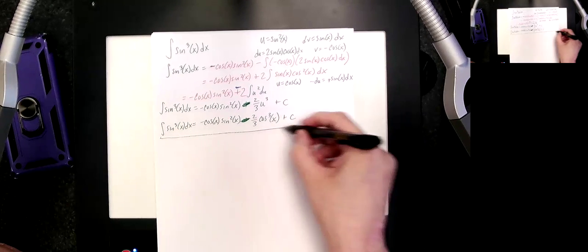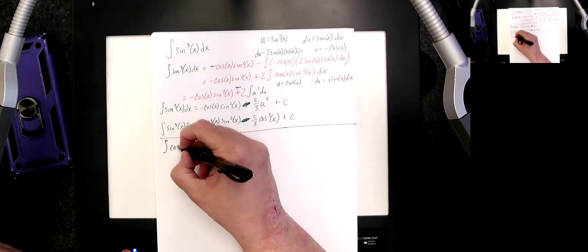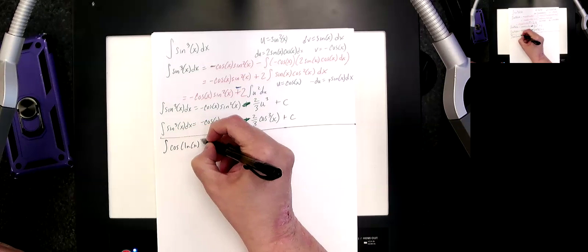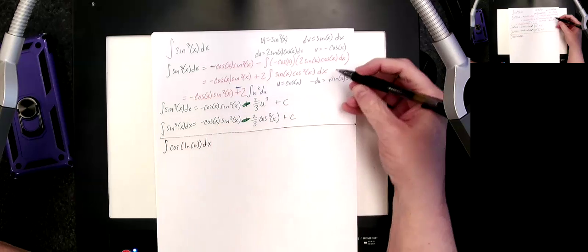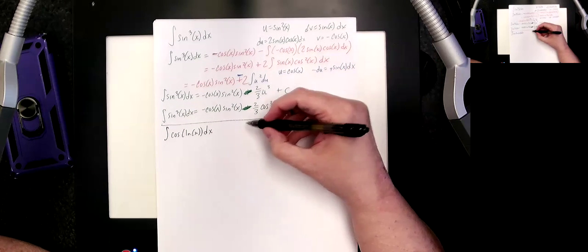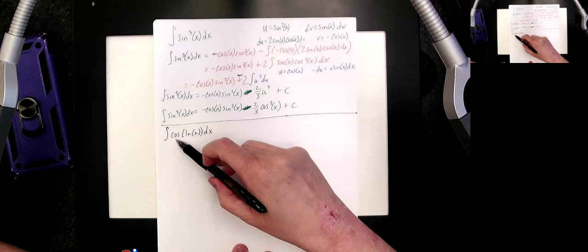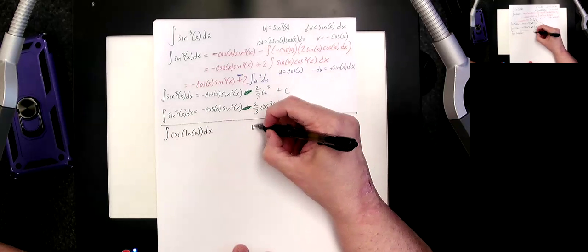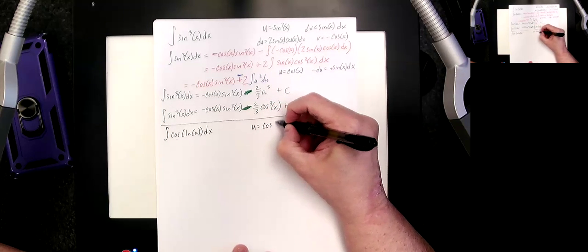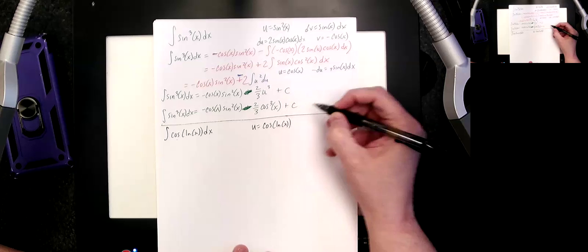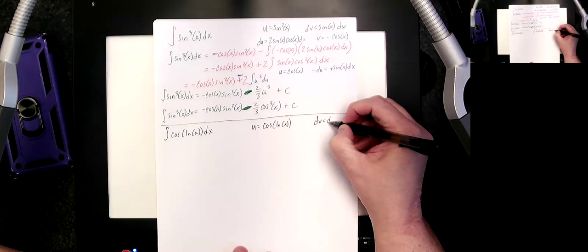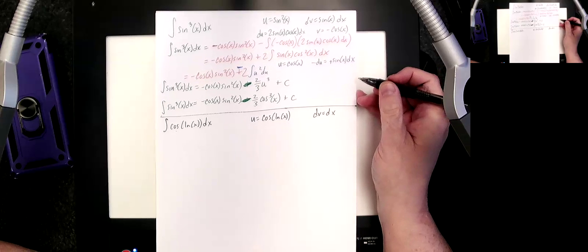I'm going to go back and look at that cosine natural log of x real quick. So the outer function here is cosine. We're just going to say u equals cosine natural log of x, and dv equals dx. I agree.